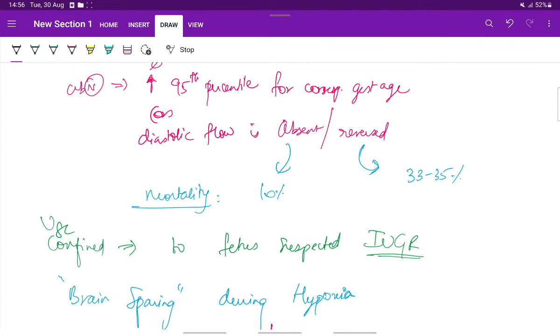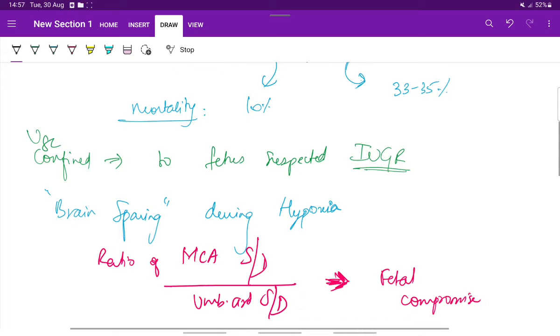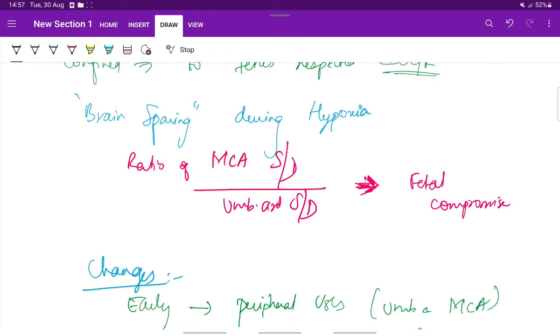And coming to the perinatal mortality, it is about 10% when the diastolic flow is absent, and if the diastolic flow is reversed, then the mortality increases to about 33 to 35%. And the use of Doppler is confined to fetus which are suspected to have intrauterine growth restriction. And in fetal hypoxia, there will be brain sparing because it is one of the vital organs which requires more oxygen.